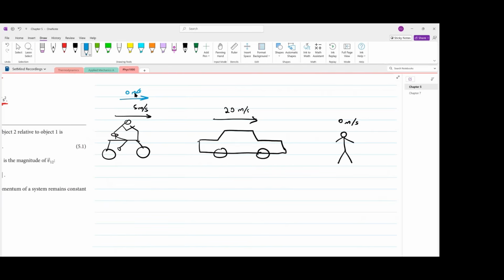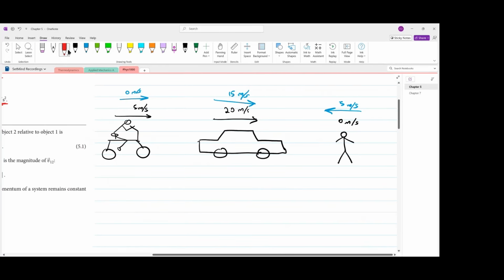So from the perspective of the biker, he is not moving from his own eyes, right? And this car is going to be moving only at 15 meters per second because of that extra 5 meters per second that the biker has, right? And this guy that was 0 for us is actually going to be 5 meters per second towards the biker, right? I hope you can see that distinction.